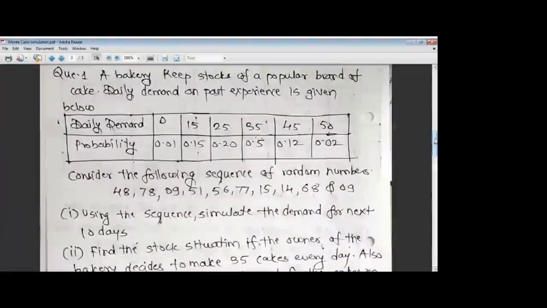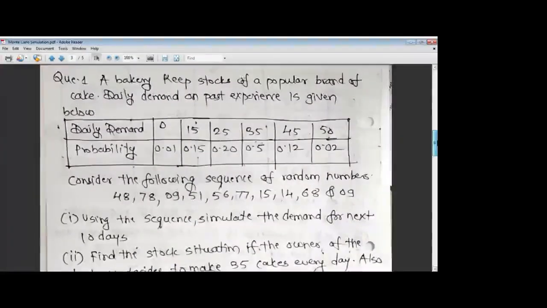So I've taken a very simple numerical to go ahead with. It is given that a bakery keeps stock of a popular brand of cake, and the daily demand based on past experience is given below. So say a small bakery is keeping a brand of cake named Monte, and the daily demand of that brand from past experience has been given below.